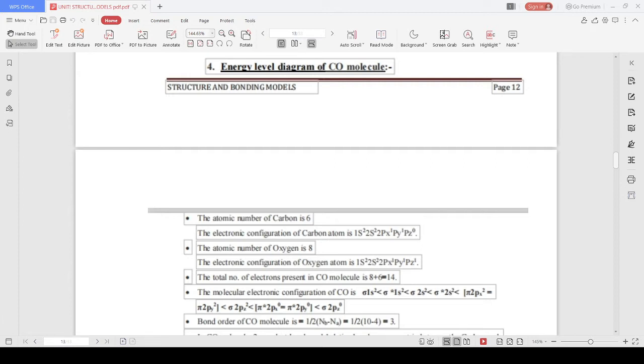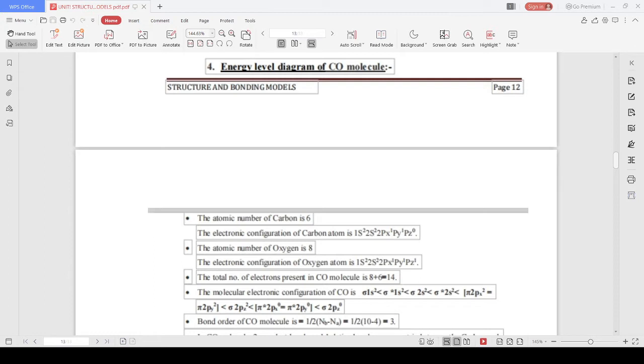Carbon has 6 electrons, and the atomic number of oxygen is 8. The electron configuration of the oxygen atom is 1s2, 2s2, 2px2, 2py1, 2pz1.